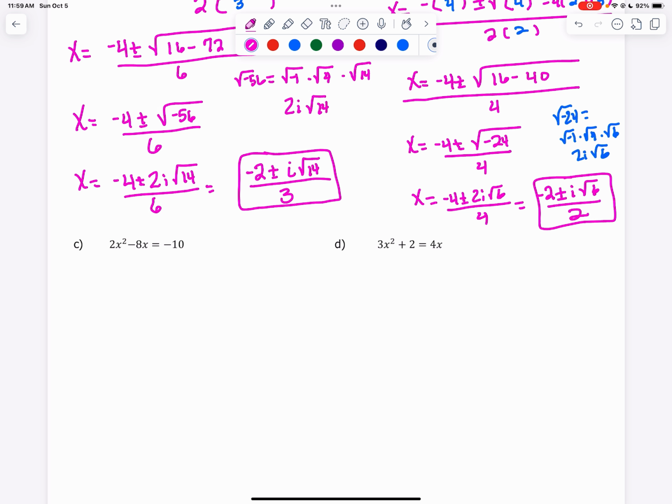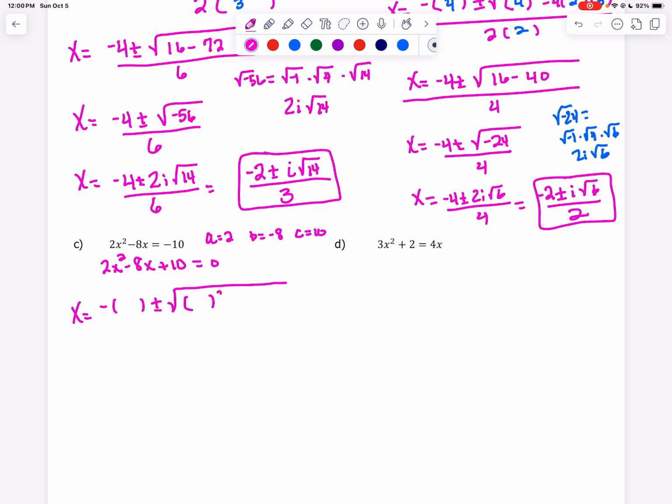All right, problem C. 2x squared minus 8x equals negative 10. So step 1, I want to make sure all of the terms are on the left side and the right side is equal to 0. So our A value is 2, our B value negative 8, and our C value positive 10. So x equals opposite parenthesis plus or minus square root parenthesis squared minus 4 parenthesis all over 2 parentheses.